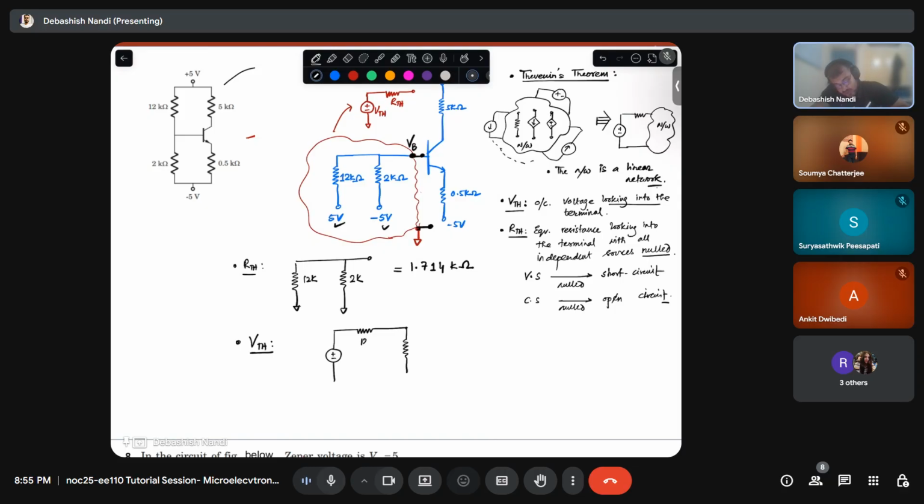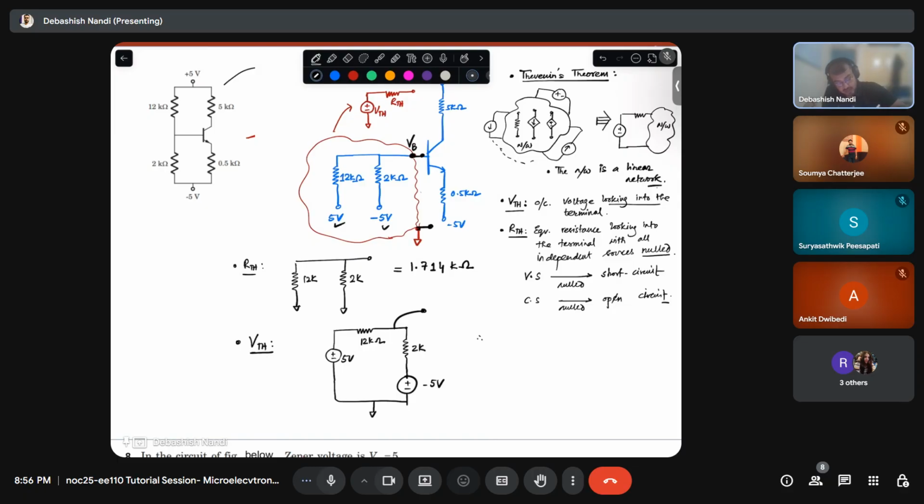So I have this 12K in series with this 5 volt, this is 2K, and I again have a minus 5 volt voltage source. I need to find the potential at this point.